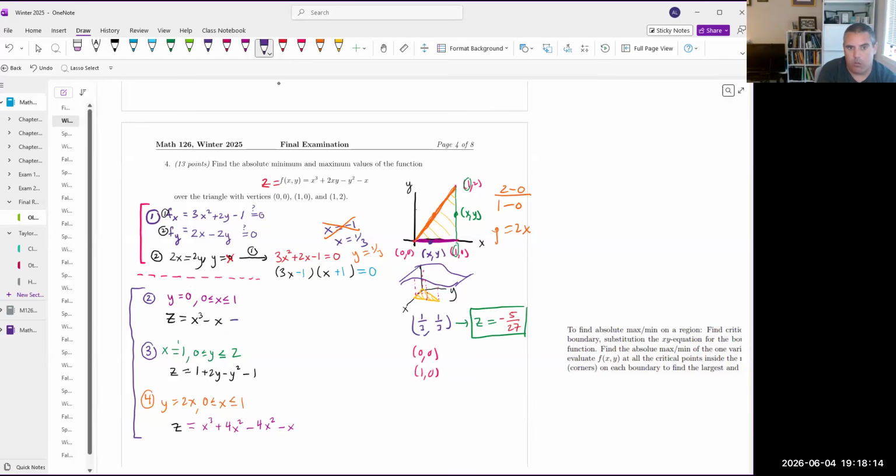So we need to do a one variable calculus problem, set it equal to 0. We get x squared is a third, and we get x is plus or minus the square root of a third.